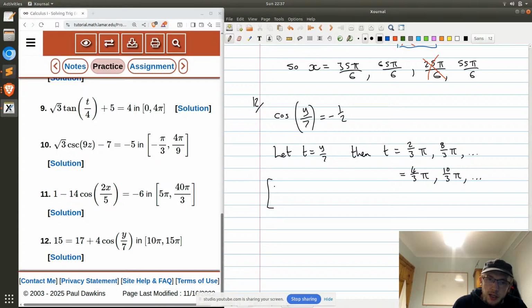And transform this. So 10 pi is what? 30 pi over 3. 15 pi is what? 45 pi over 3. So by 7, by 7, by 7, by 7, like that. So 14.